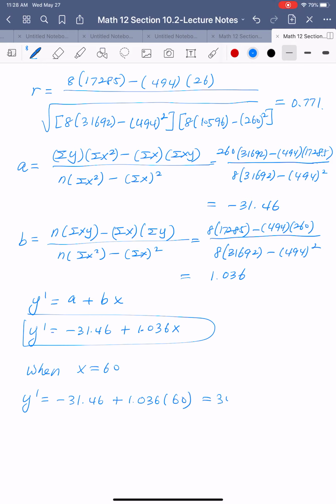I got 30.7. So our prediction is that for 60 fires, 31 acres will be burned.